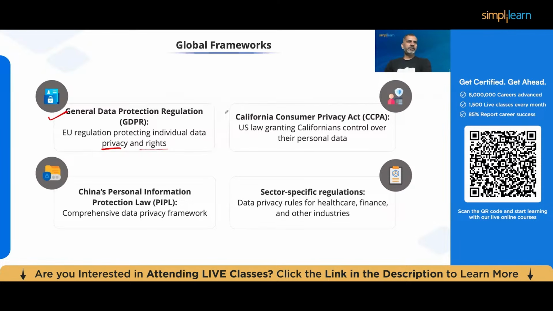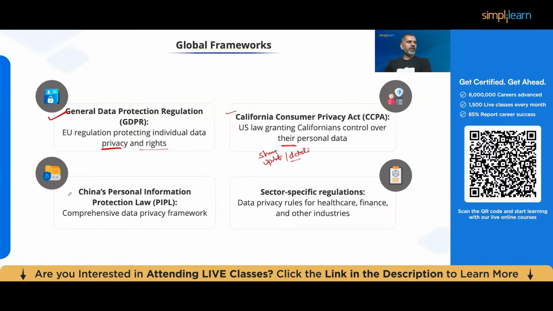The second is the CCPA, the California Consumer Privacy Act. Again, it is a US law granting Californians control over their personal data. When I say control over personal data, that means any individual is free to share their information, update their information, or even delete it whenever it is required or whenever they are interested in doing so.